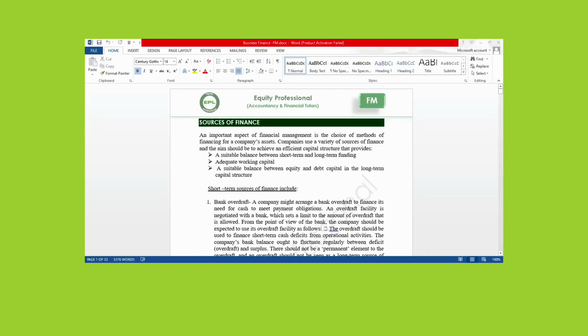We have short-term sources of financing, finance that you use for a short period of time, finance that you can use and are going to repay within a short period of time. And we have long-term finance sources.